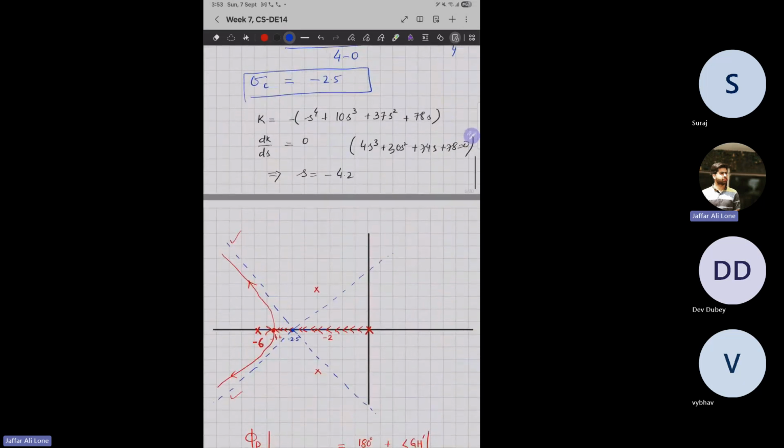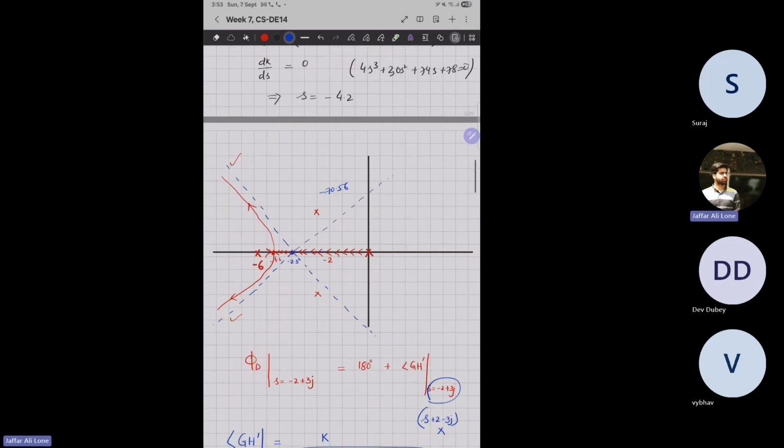So for this pole the angle of departure is minus 70.56, and for the complex conjugate pole it will be plus 70.56.